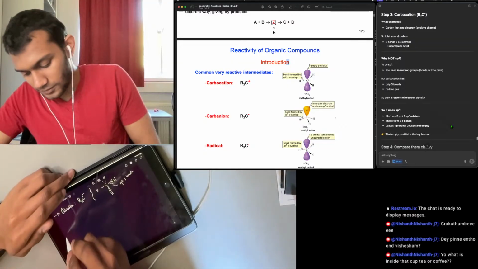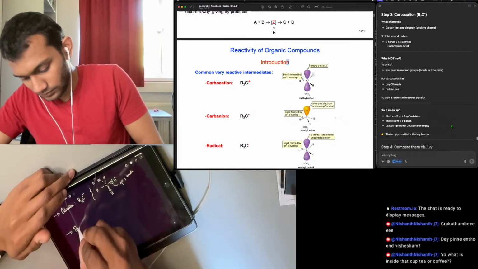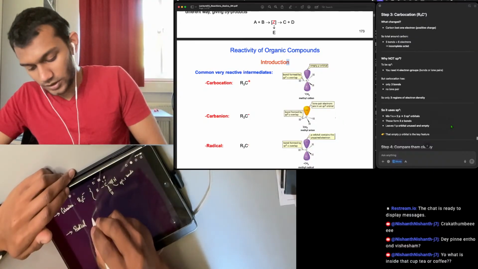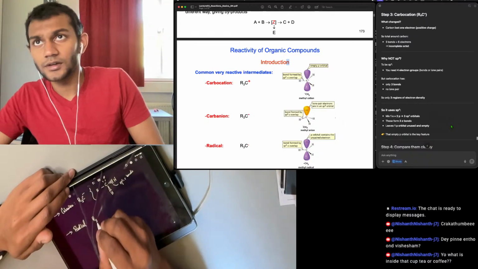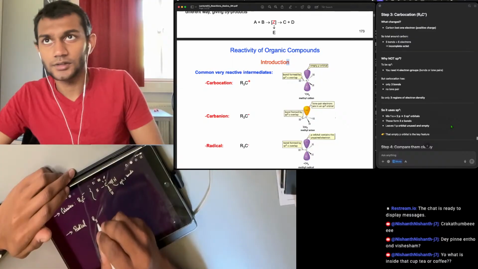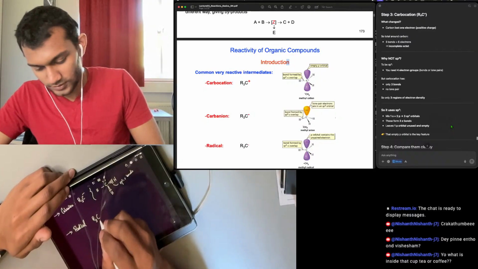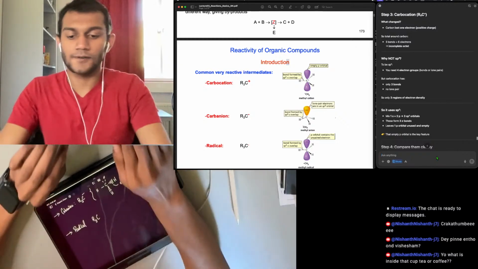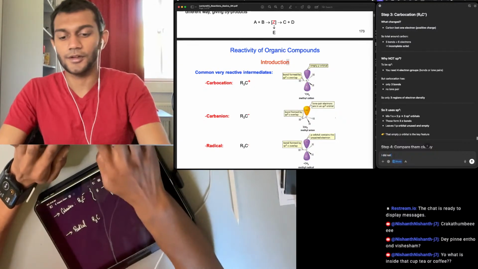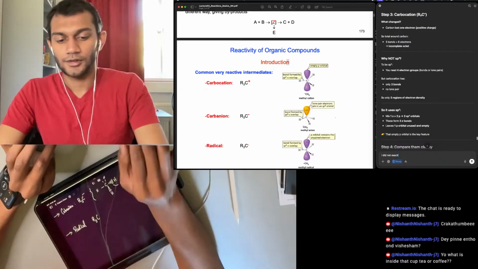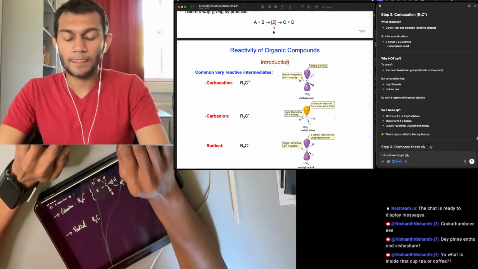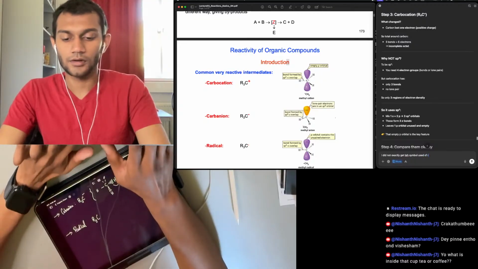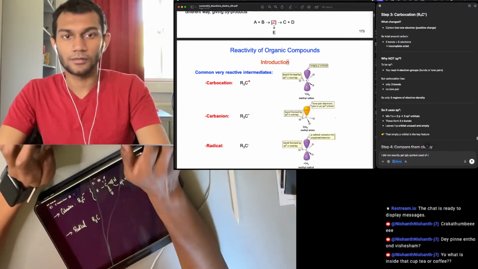Now it's time for radical. R3C minus? That's just a... It's not even a full minus, what? I did not exactly get the symbol used for radical.